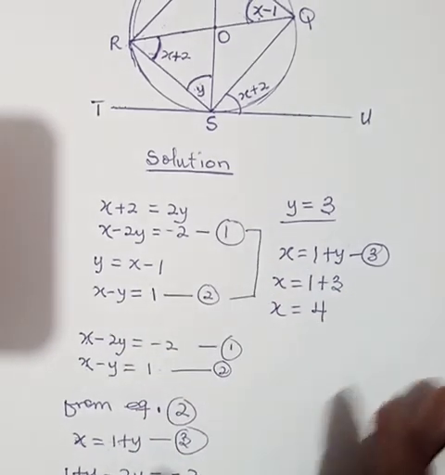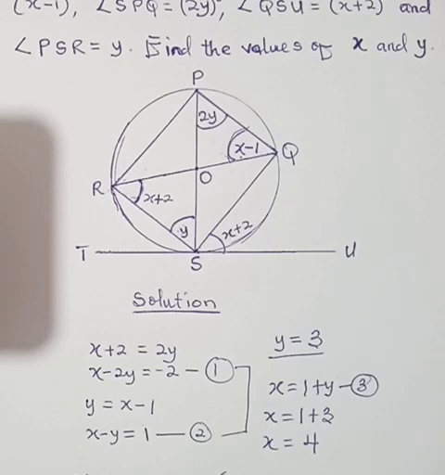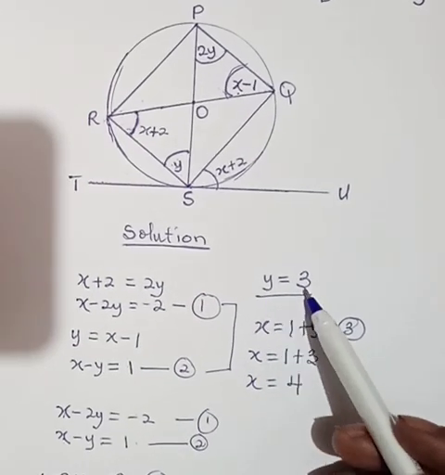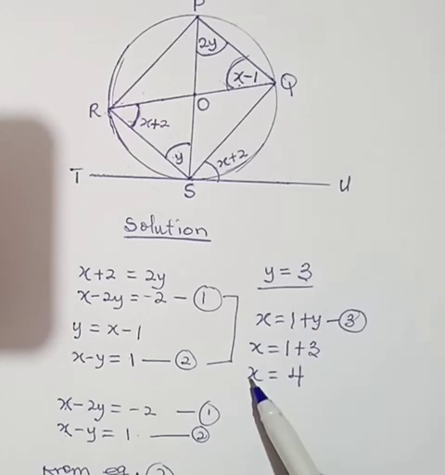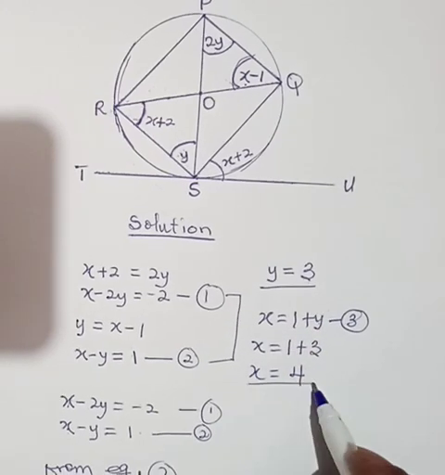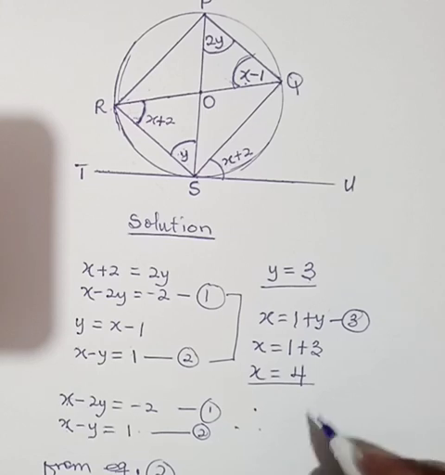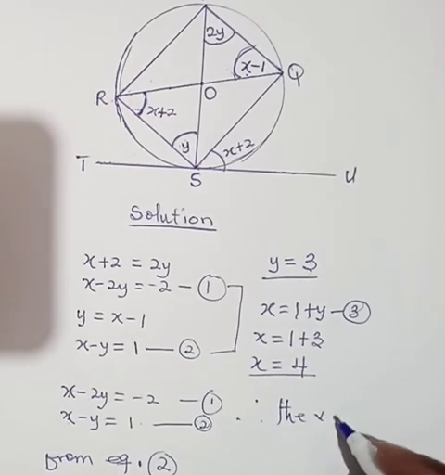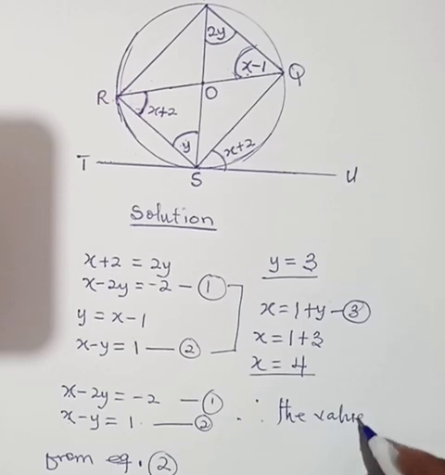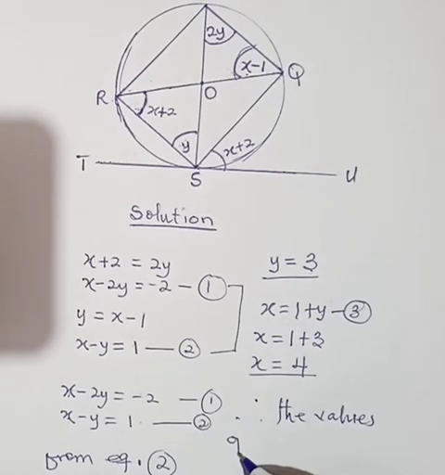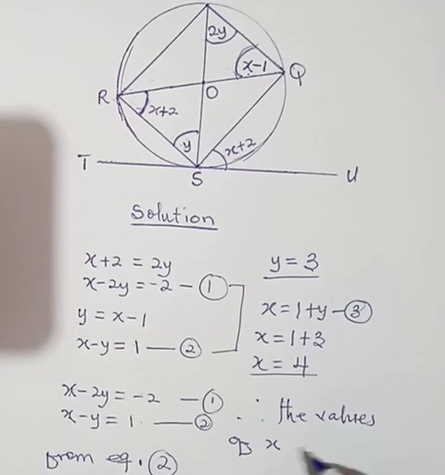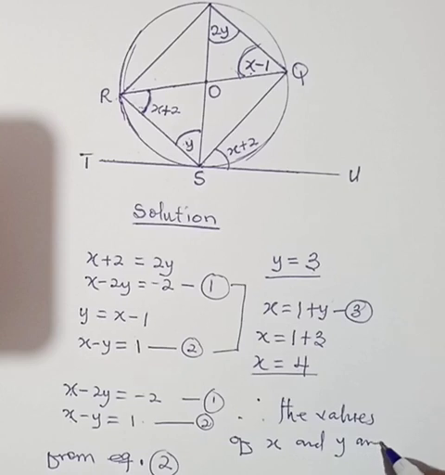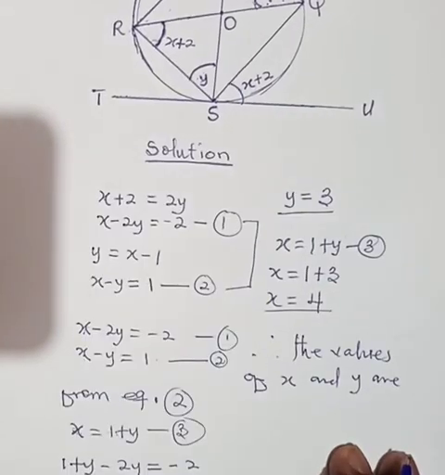So the question demands we find the values of x and y. And we got y as 3, and x as 4. So you can just conclude that therefore the values of x and y are, so what did we get for x?